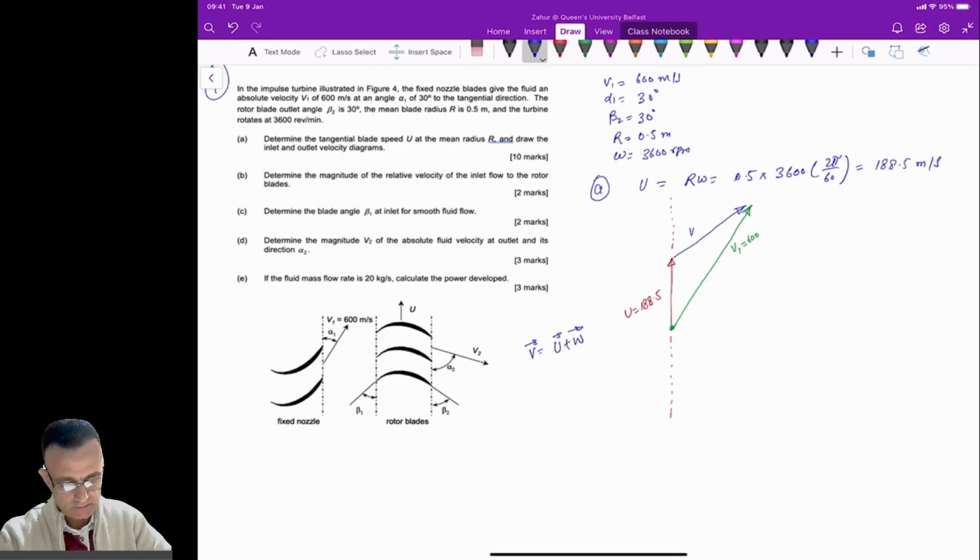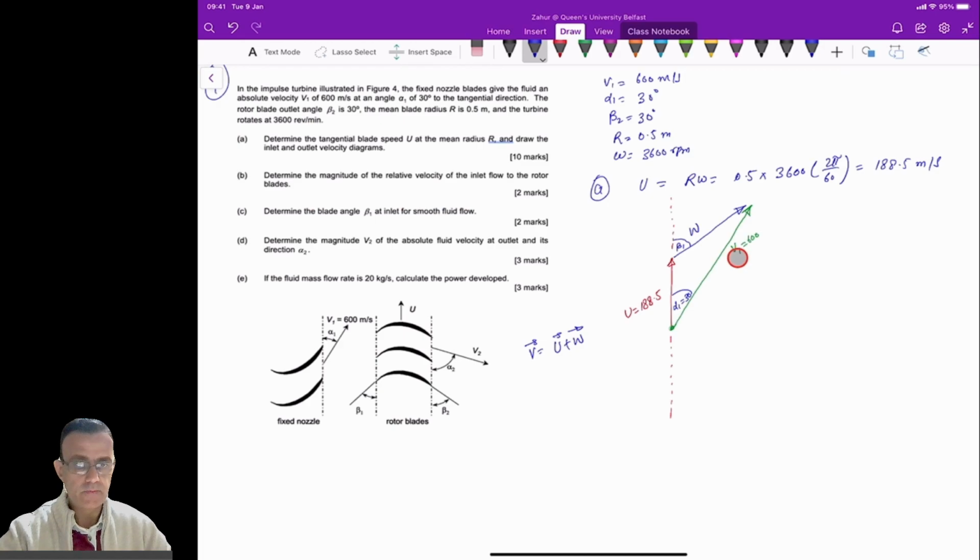So this is our w. We can see that u plus w is equal to v, but obviously w is unknown here, and this is our angle beta 1. This angle is alpha 1, which is 30.